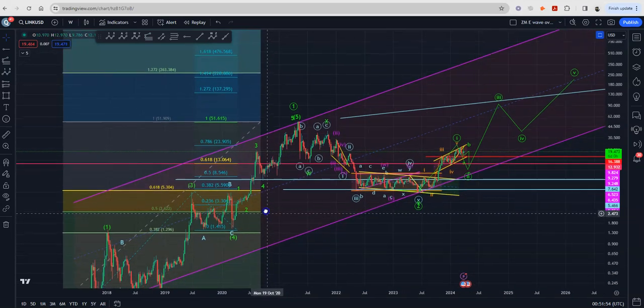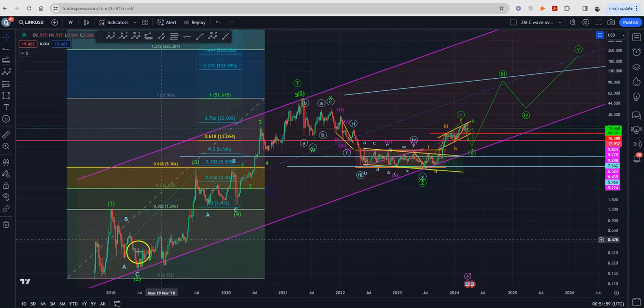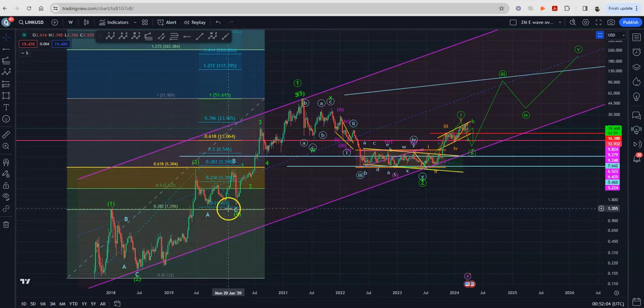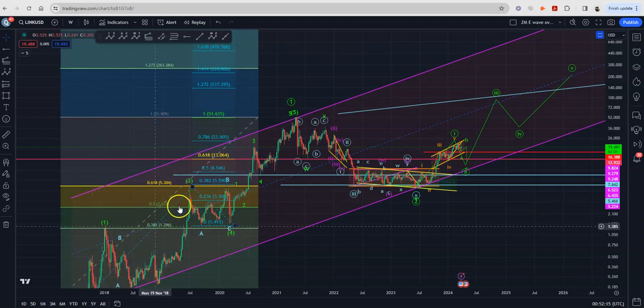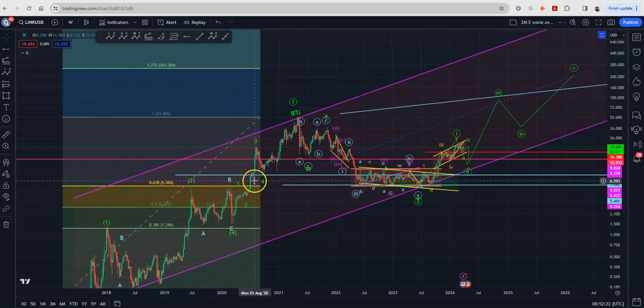Normally, you expect equality with wave 1, 2, 3, 4 projected onto 4, either equality or 618. Sometimes it's the 618, sometimes it's equality, but the point is the fifth wave is about the same size as the first 3 or longer, and that shows you that it's an extension. And when that happens, you normally expect a bottom around the wave 4 of the extension, like you saw here.